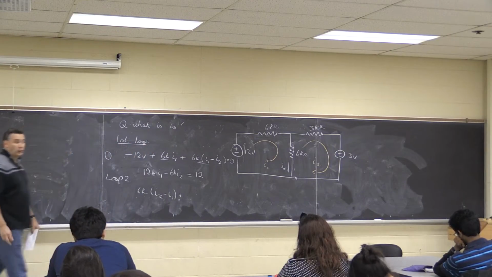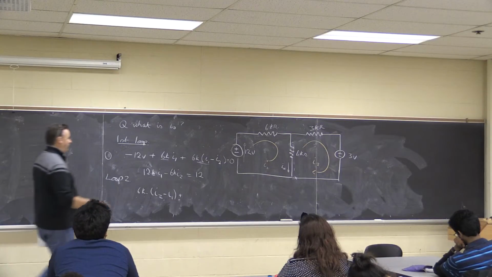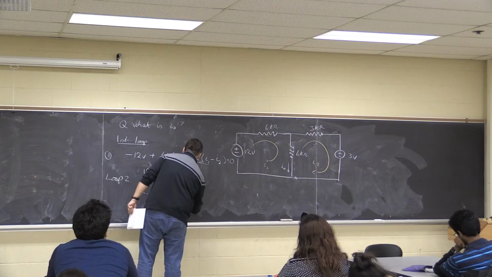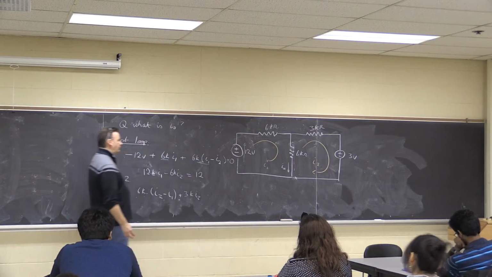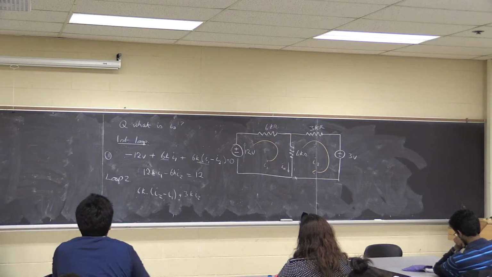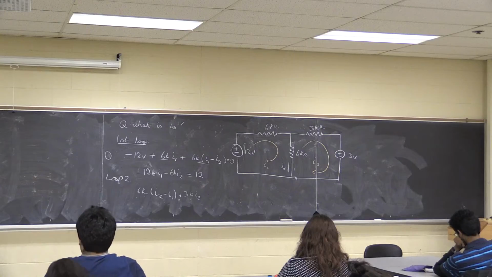And I'm writing voltage drops as positive because I'm going with the current. So as I go through the 3 kilo ohm resistor, I'm going to have I2 times 3 kilo ohms. That's going to be the voltage drop across that resistor. Plus 3 kilo ohms times I2. And then I'm going to have a voltage drop going through the voltage source.